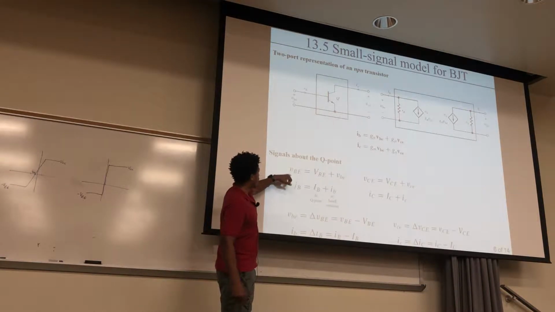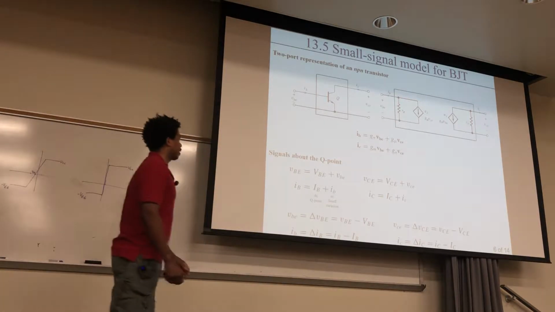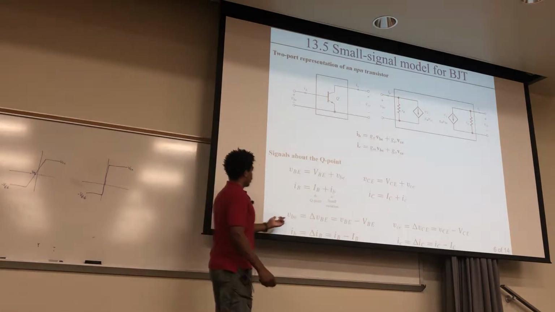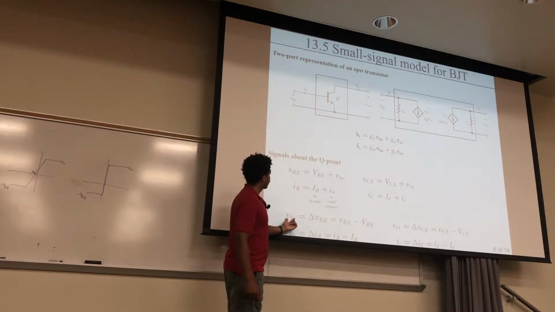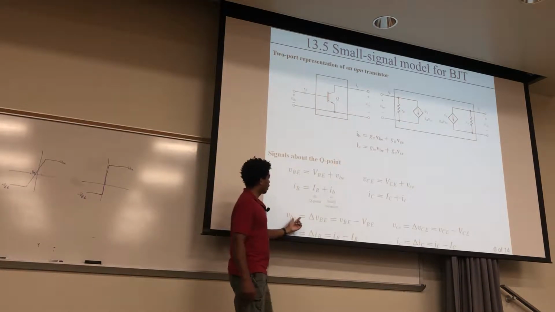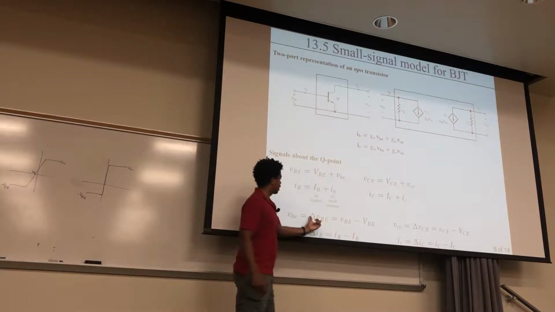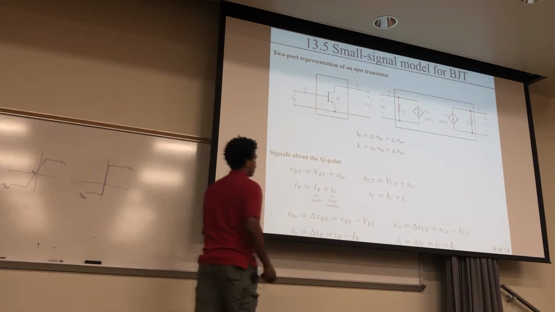You can do that for the voltage and the current for both the base and the collector. You can also write the base-emitter voltage as delta VBE. That's another way to write that.